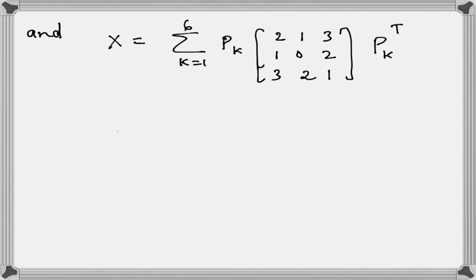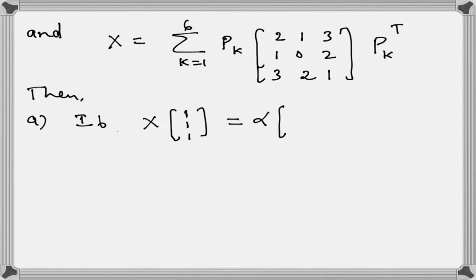Okay, then part A: if X times (1 1 1) equals alpha times (1 1 1), then alpha equals 30.